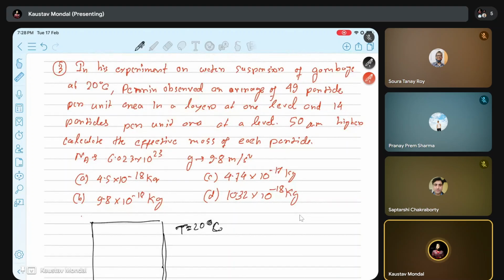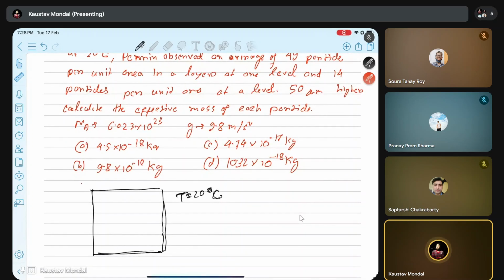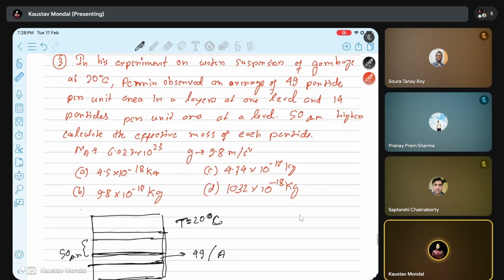Now what Perrin observed is that at a particular layer, let's suppose this layer, the particle density is 49 per unit area. And at a layer 50 microns above that first layer, the particle density is 14 particles per unit area.